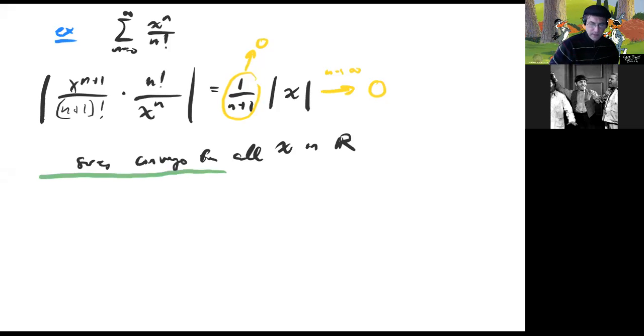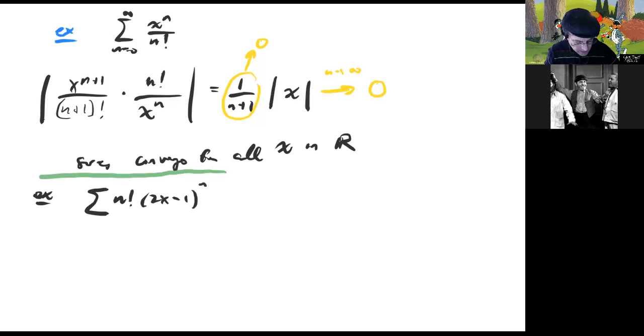So what I'd like to do is another example. This example is summation n factorial times 2x minus 1 to the n, n goes from 0 to infinity. Now this doesn't look like the usual way of writing a power series centered at a number a, because we have this 2x minus 1 here, but you can rewrite it.